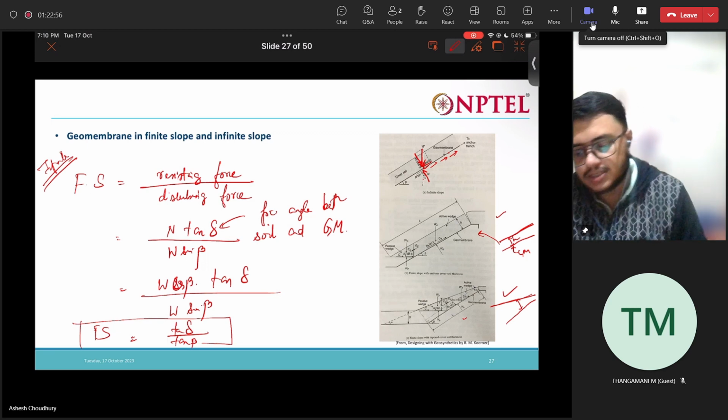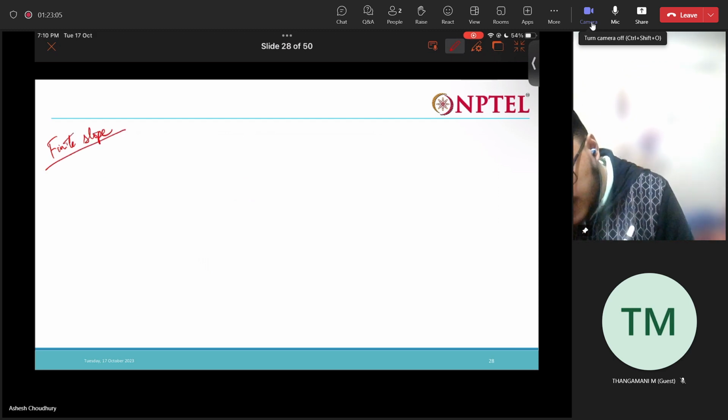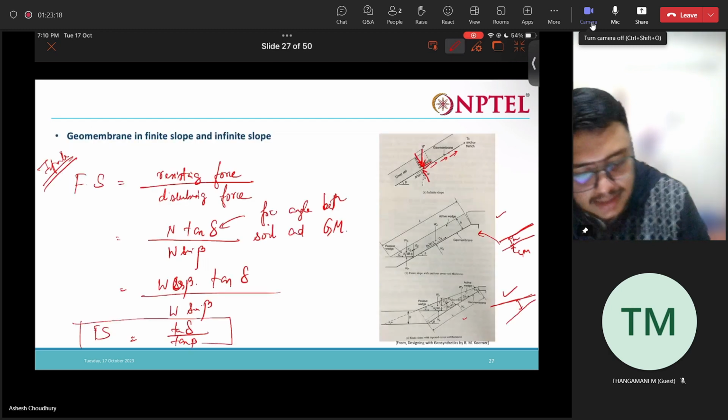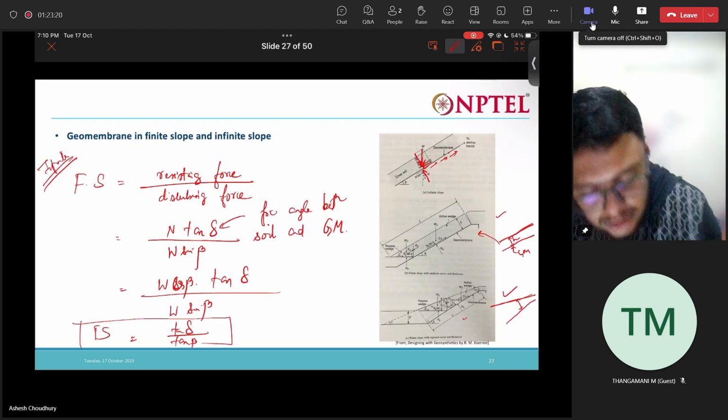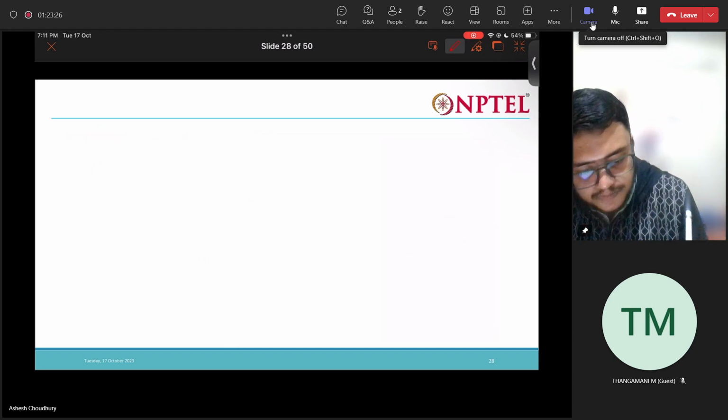For the first case, finite slope and uniform thickness. So this is the slope, right?